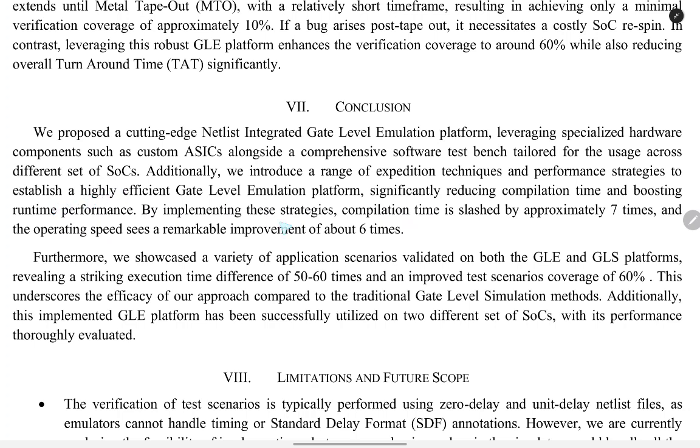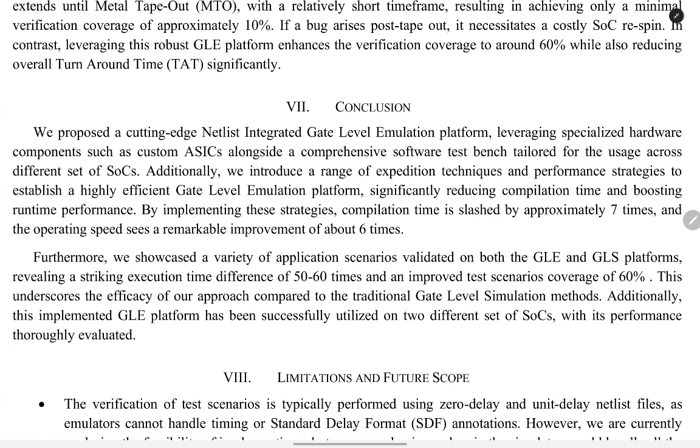By implementing these strategies, compilation time is slashed by approximately 7 times, and the operating speed sees a remarkable improvement of about 6 times. Furthermore, we showcased a variety of application scenarios validating both the GLE and GLS platforms, revealing a striking execution time difference of 50 to 60 times and improved test scenario coverage of 60%.